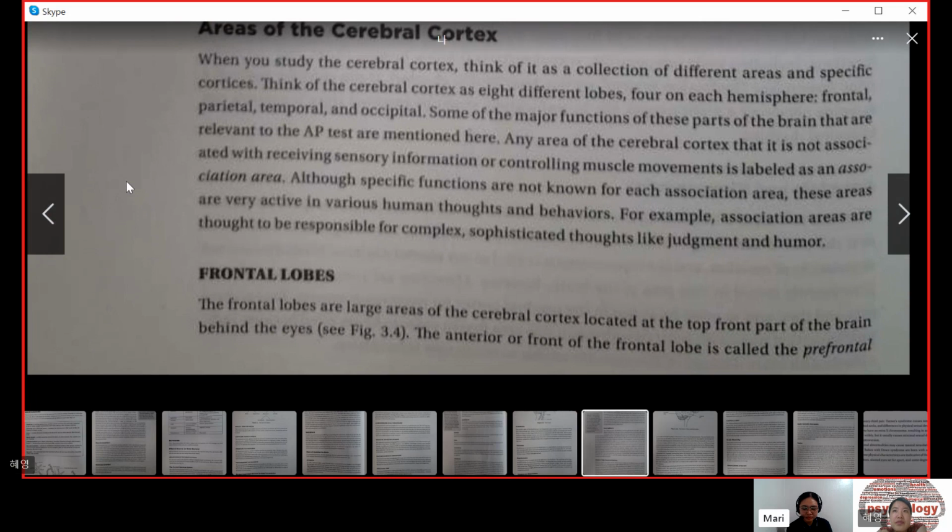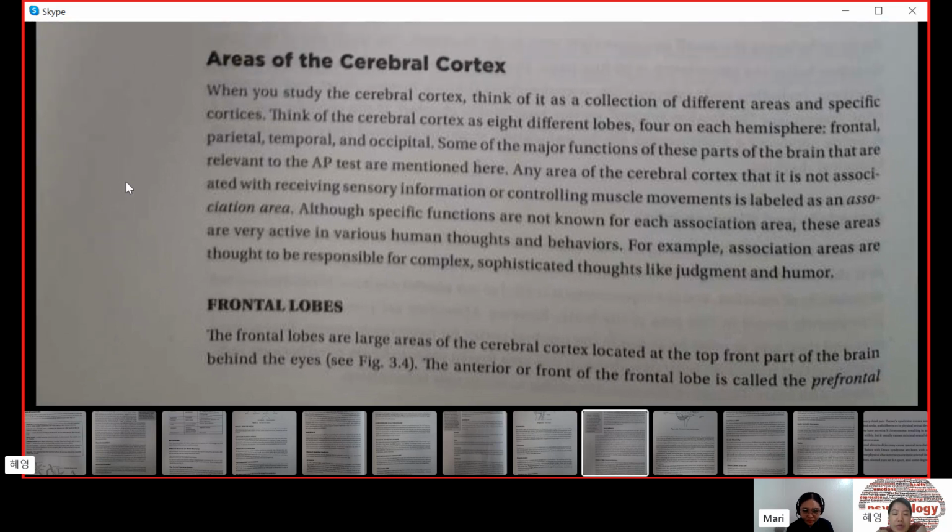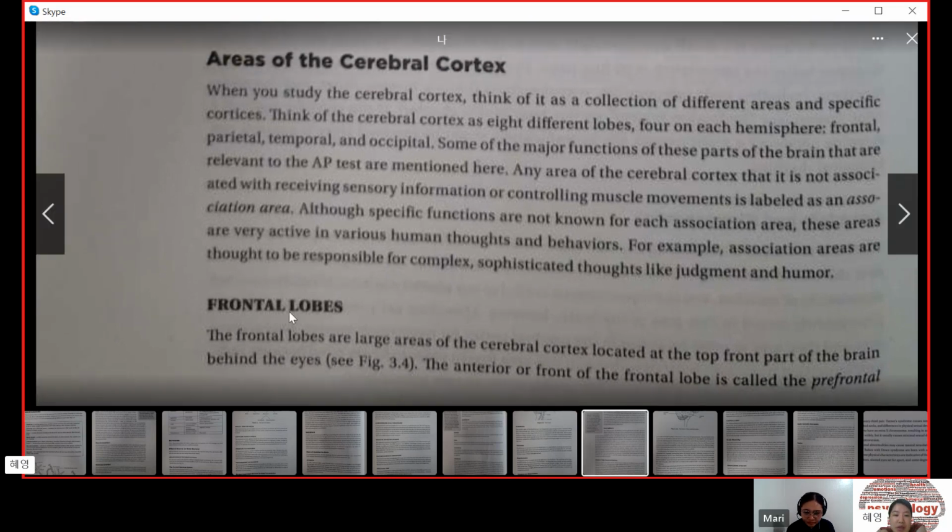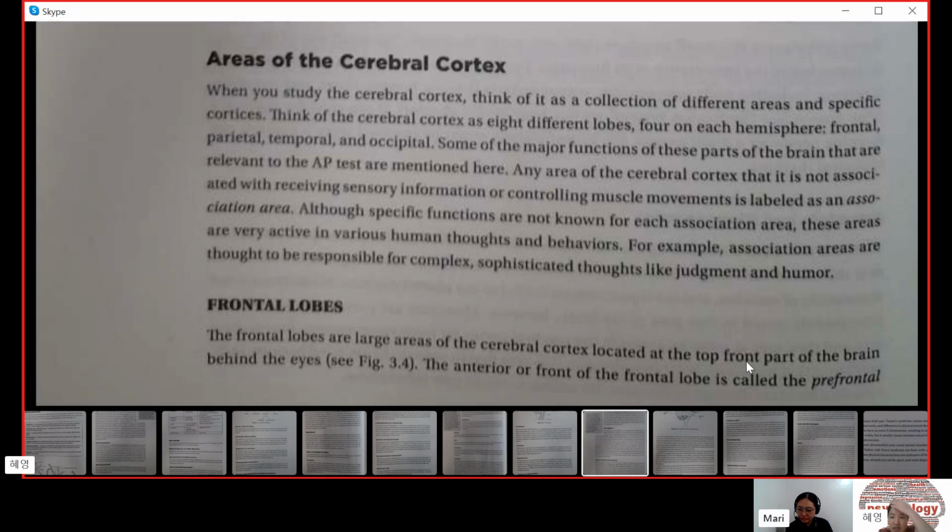And there is the frontal lobe. This part is really important. It is a large area of cerebral cortex located at the top front part of the brain, behind the eyes.